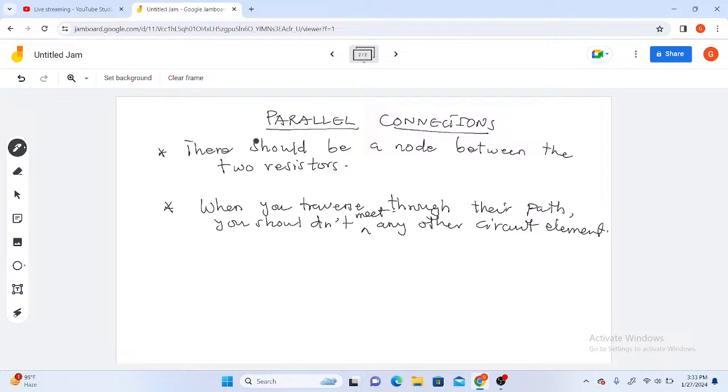So let's see how you apply this to determine if two resistors are in parallel. I have a circuit for this illustration.